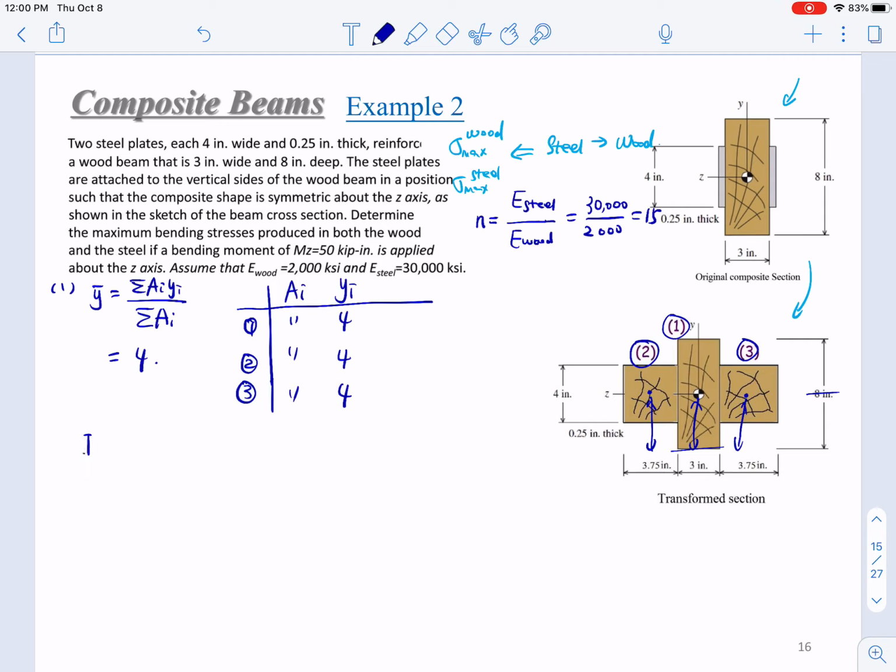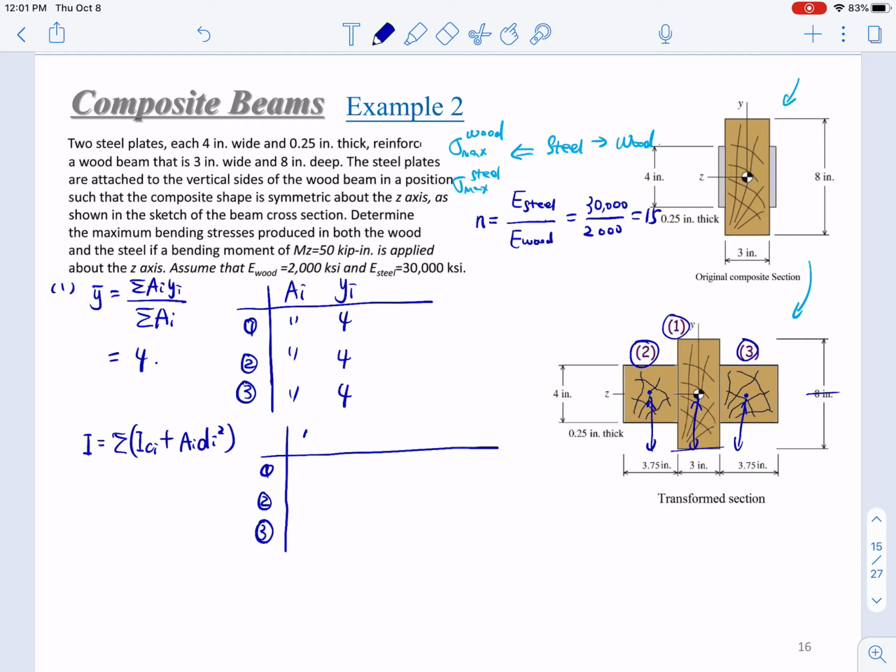Let's look at the I. I is just the sum of Ici plus Ai di squared, in the table for 1, 2, 3.